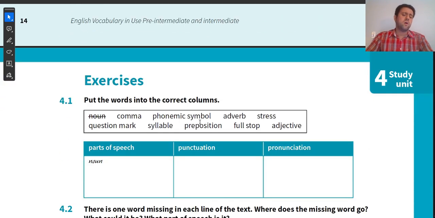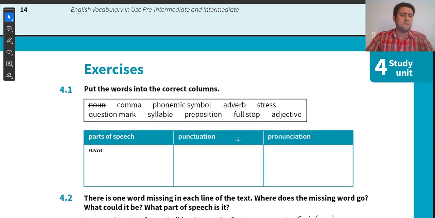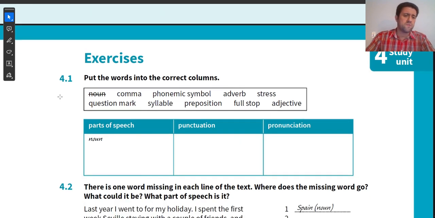So the next part is the exercises. And as an example, exercise 4.1, there are three columns: parts of speech, punctuation, pronunciations. There are some words you need to assign to each of these columns. As an example, comma is assigned to punctuation.